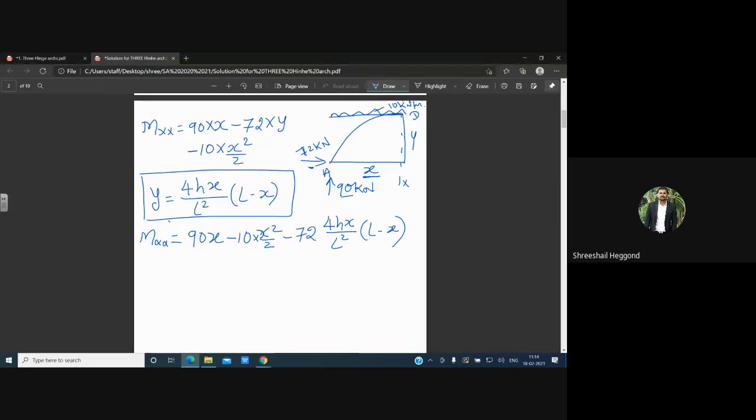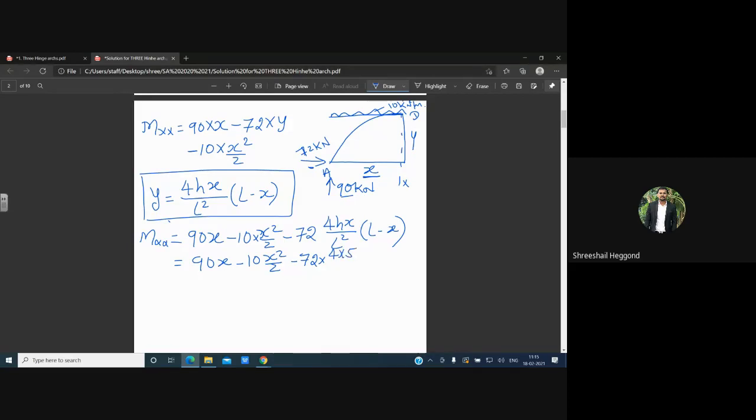90x minus 10 into x square divided by 2 minus 72 into 4, h is already given, the rise is 5 meter, into x, which is unknown, divided by L square, that is 24 square.